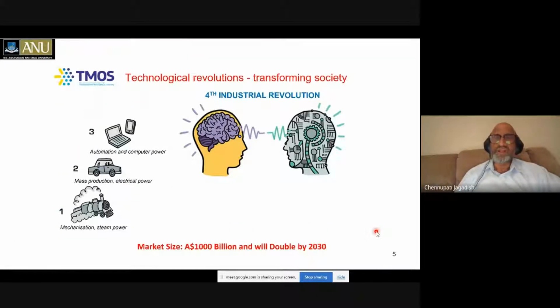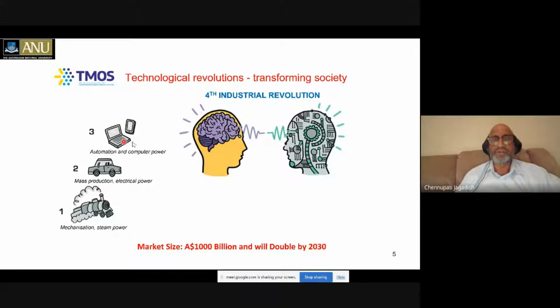Before proceeding to optoelectronics, let us look at the technological revolutions which have transformed society. In the first industrial revolution, steam power led to mechanization. In the second, electrical power led to mass production.